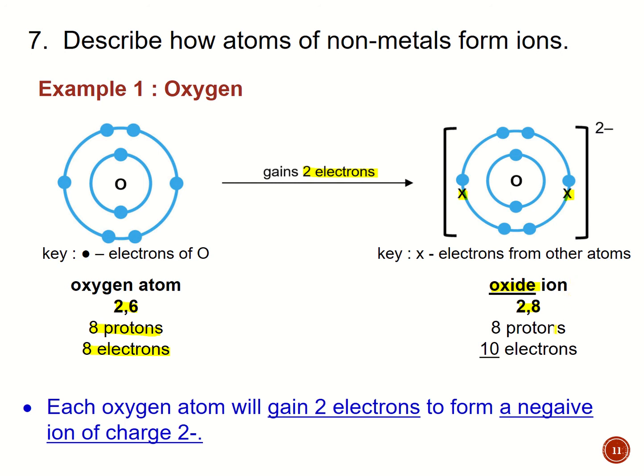And at the end, this oxide ion will have 8 protons and 10 electrons, giving rise to a charge of 2 negative. So we say that each oxygen atom will gain 2 electrons to form a negative ion of charge 2 minus.